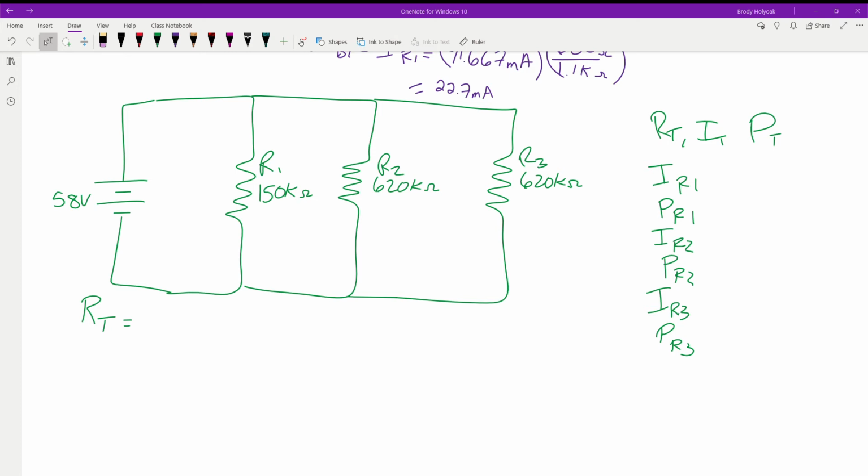Yep, just remember using Ohm's law. And that'll find you the individual branch currents.